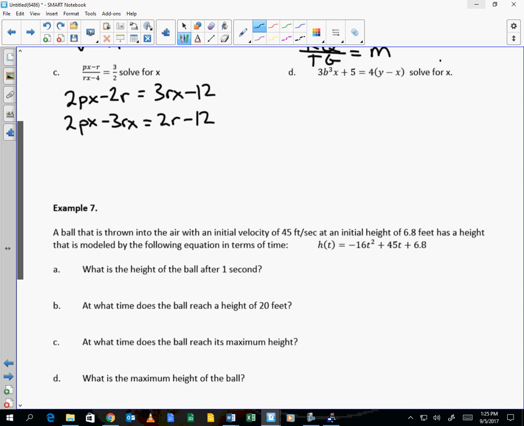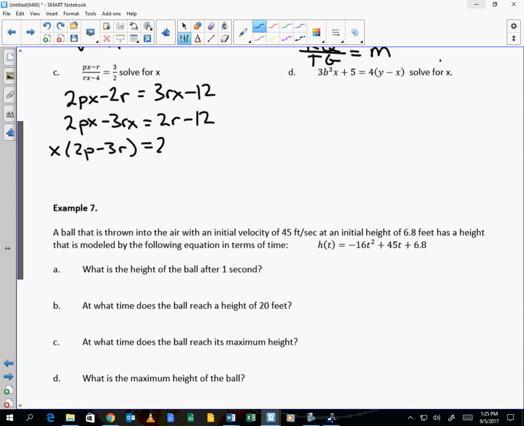Sweet. Now we'll see if you can figure out what to do in this situation. I need not two x's, but one x. Yeah, factor out the x. Very good. 2p minus 3r.